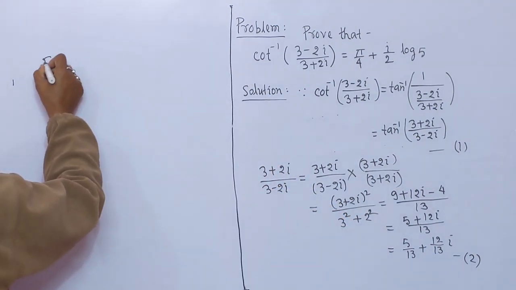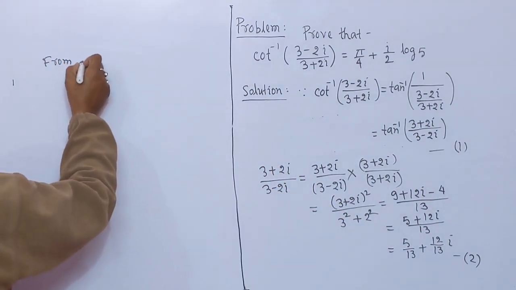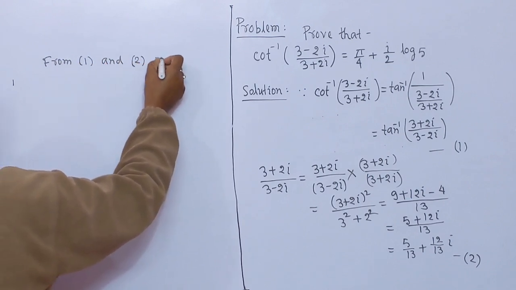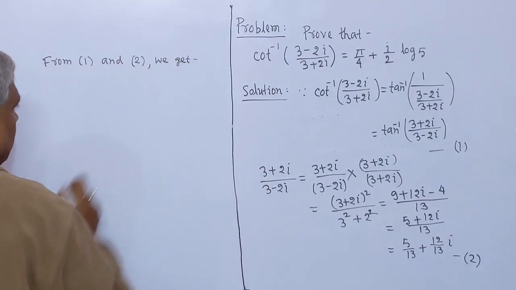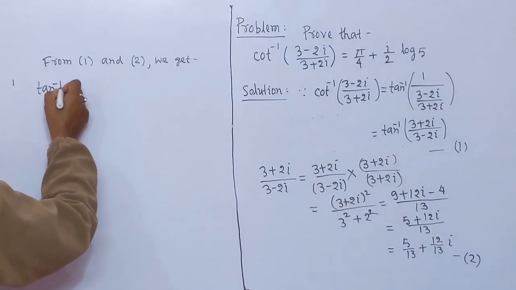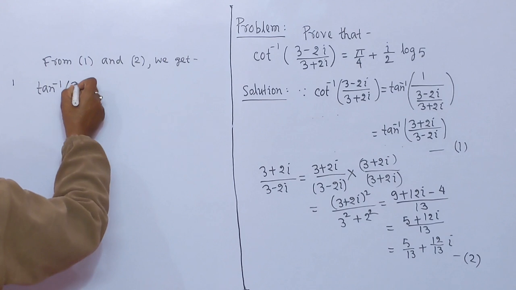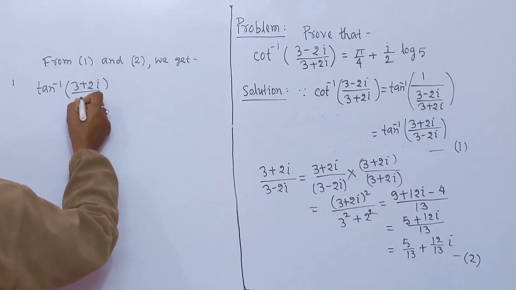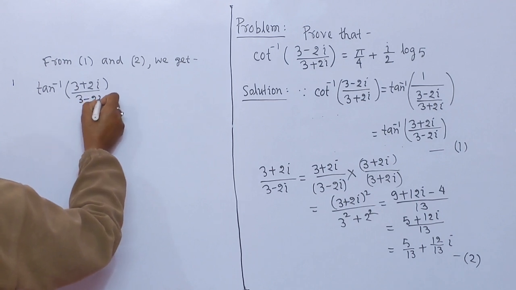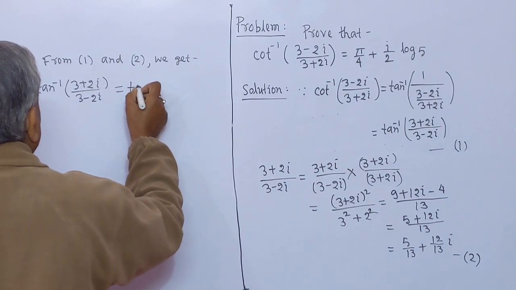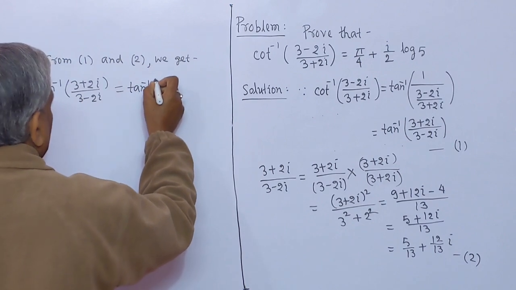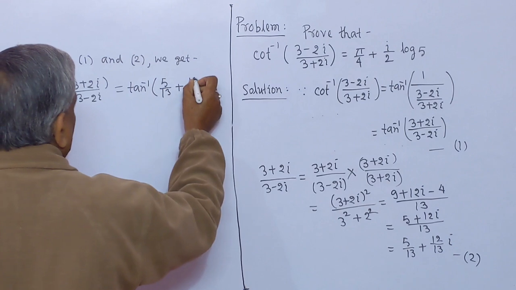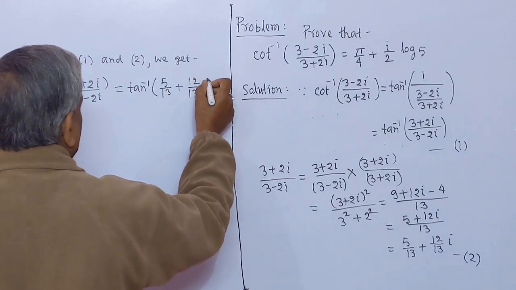Therefore, from 1 and 2 we get tan inverse of (3 plus 2i) by (3 minus 2i) equals tan inverse of 5 by 13 plus 12 by 13 i.